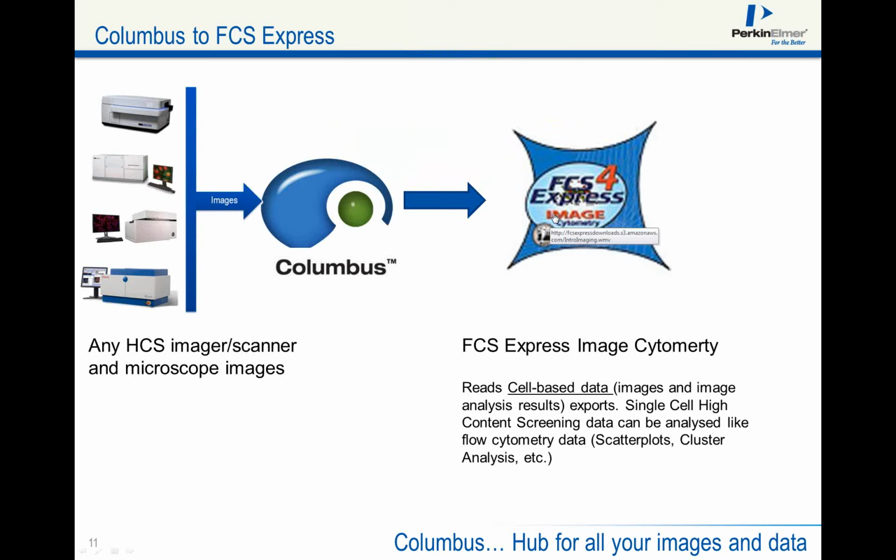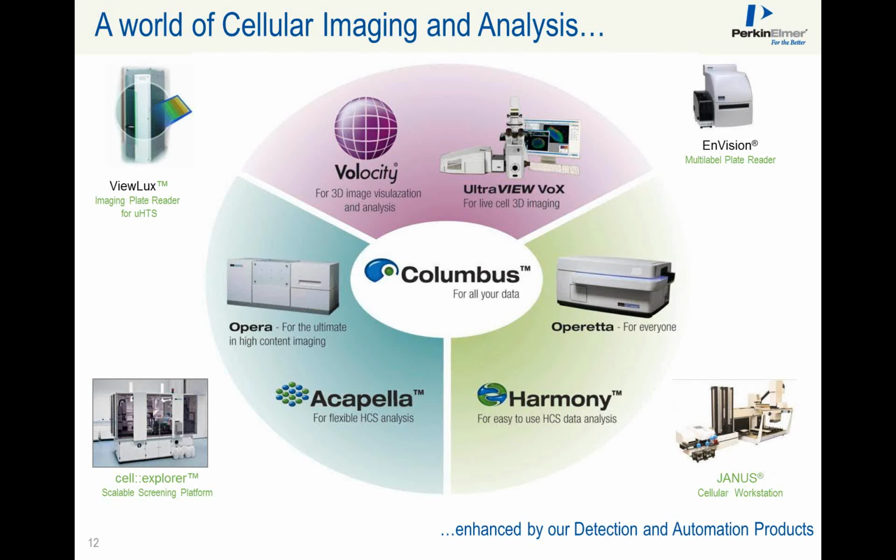That's what Dr. Pegoraro and Dr. Kota will be showing you today. So again, Columbus is acting as a hub for all your image data. Whether they're from HCS or microscopy, you can analyze it in Columbus, obtain all the cellular data, and then send it to FCS Express for flow-like analysis. With that, I would like to take it over to Sean.